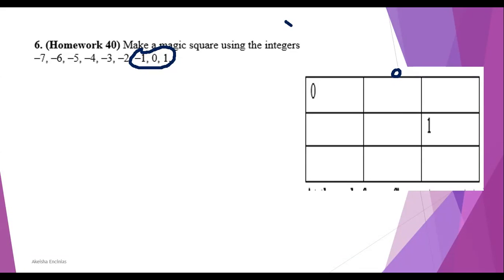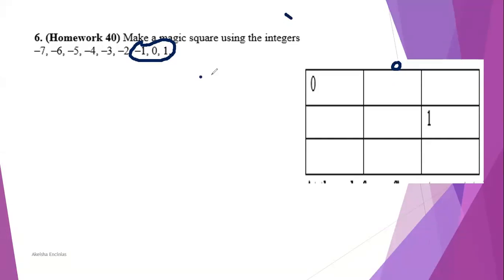That'll give us -27. So now we're going to take -27 and divide it by 3, because you've got 3 rows. And that's going to give you -9. So each one has to equal -9.